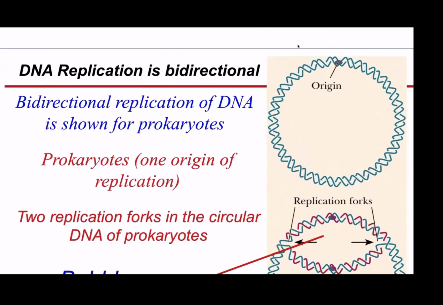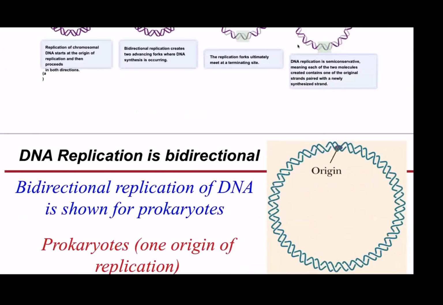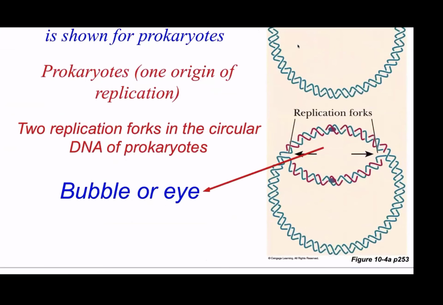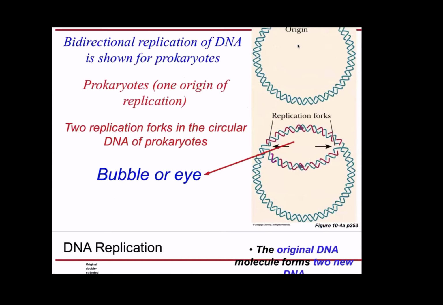They're just trying to show you one more time that you open it up. It's like you have a helix and you're trying to open it up and starting to lay down the new strands. We also call it a bubble or eye. I wanted to tell you that there are multiple ORIs in eukaryotes.